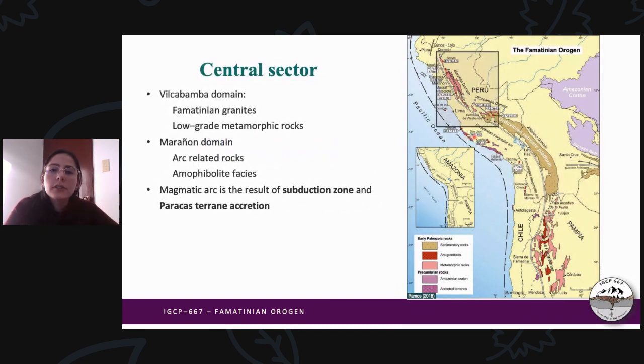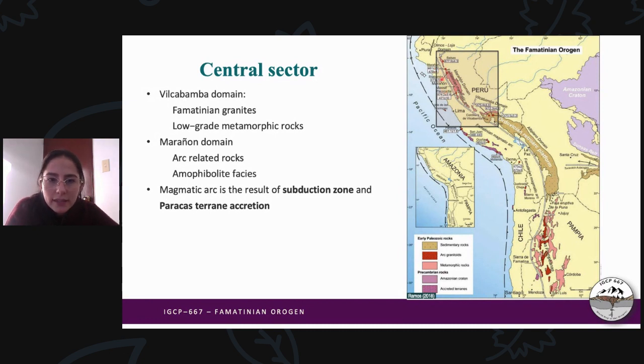In the central sector of the Famatinian arc, it can be found the Vilcabamba Cordillera, which is right here, which is formed of granites with Famatinian ages and low-grade metamorphic rocks. These rocks are in greenschist facies. Further to the north, in the Marañón Massif, the Famatinian magmatic arc has been identified.